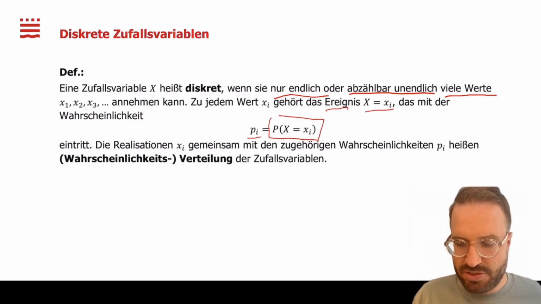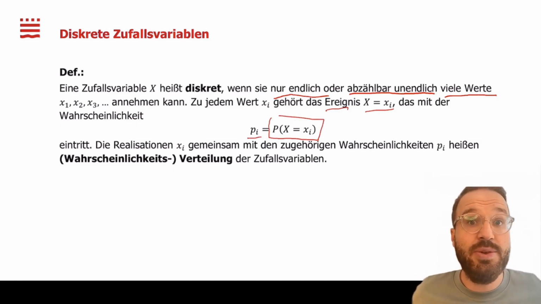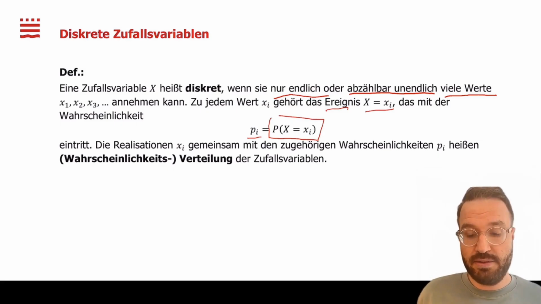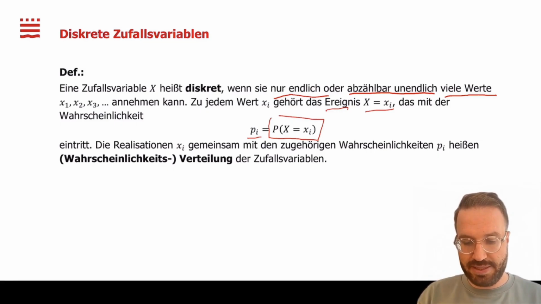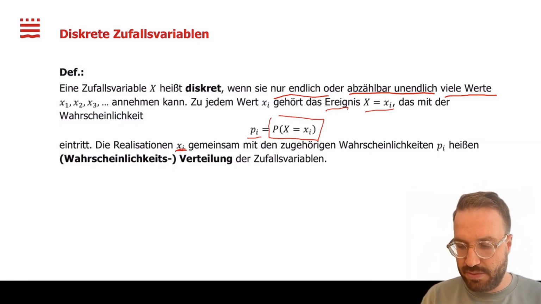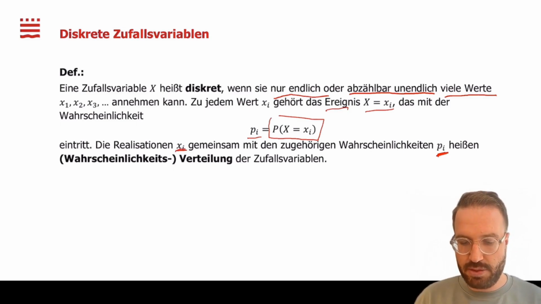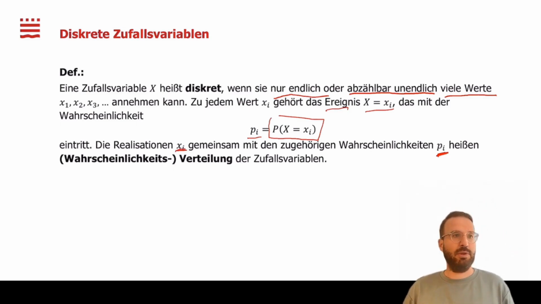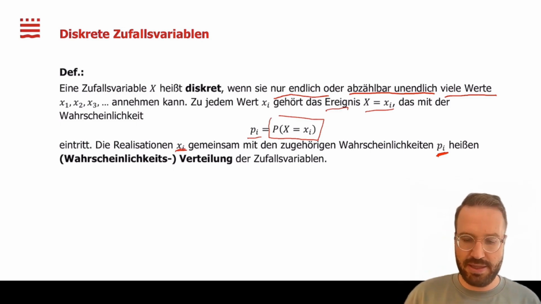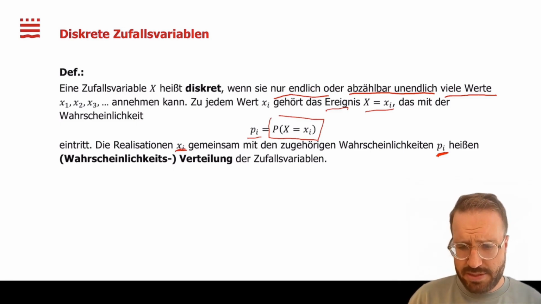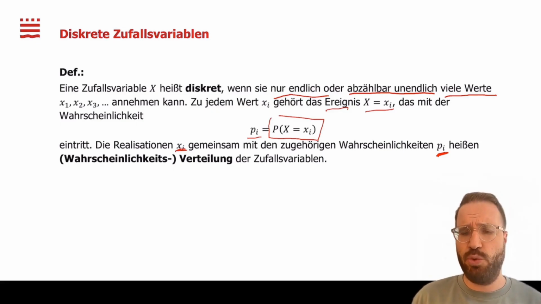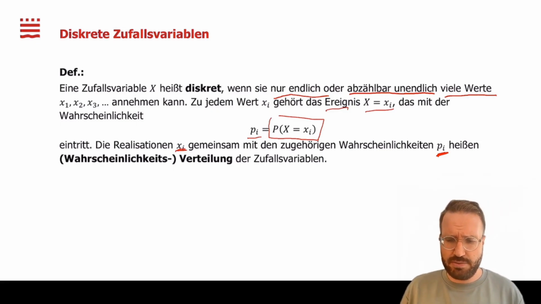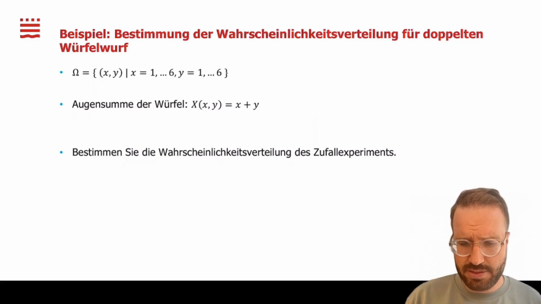A probability distribution is simply that we take the so-called realizations, meaning the values, together with these probabilities pi, which together form the distribution. The simplest way to represent such a distribution is through a table. We will look at that in the next step.